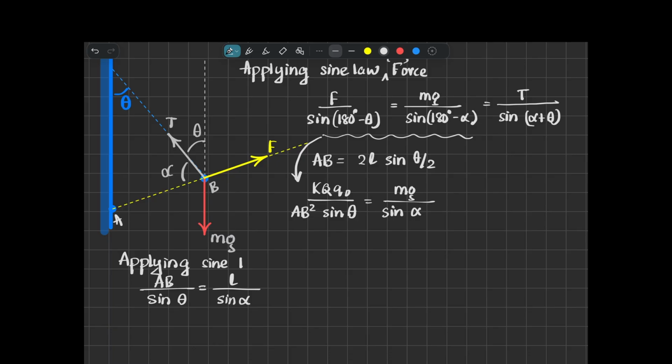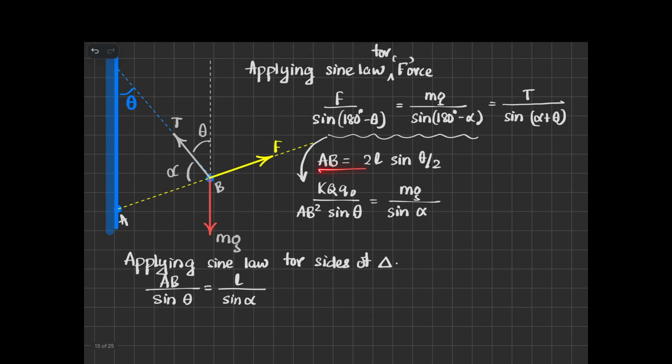But now it is not for force. This is for sides of triangle. We have applied sine law for the sides of triangle and we got AB by sine theta equals L by sine alpha. But AB term, we have already written the term AB. AB is 2L sine theta by 2. So let's replace it.